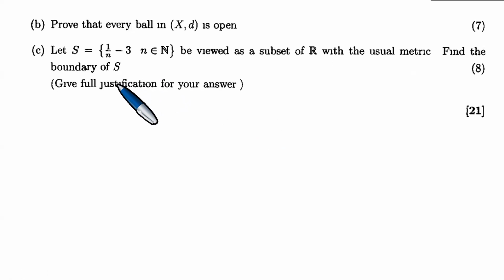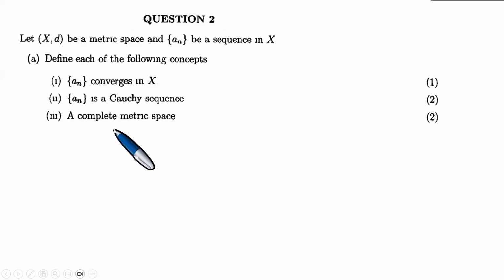So now we look at question 2. Question 2 is about sequences. Now let (X, d) be a metric space, and let (a_n) be a sequence in X. Define the following concepts: a_n converges, so we're dealing with convergent sequences and Cauchy sequences.